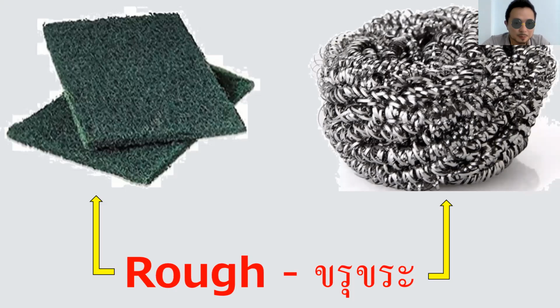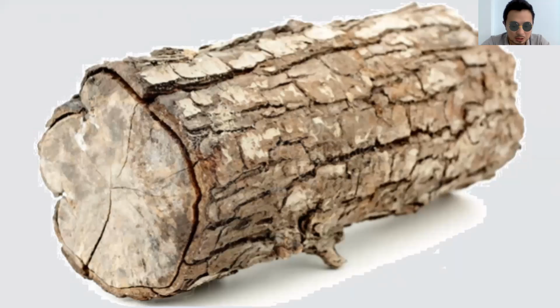The objects that you can see on your screen are both rough. Next, we have examples of rough objects. We have here the wood. The wood is very rough if you are going to touch it.